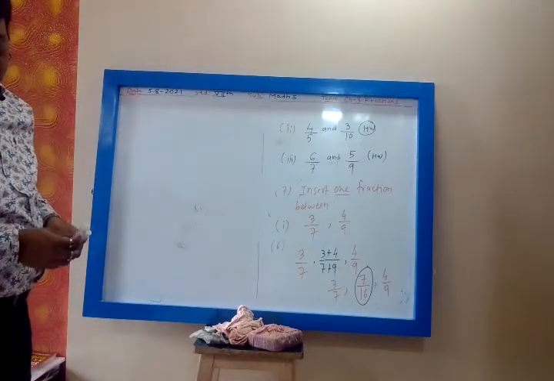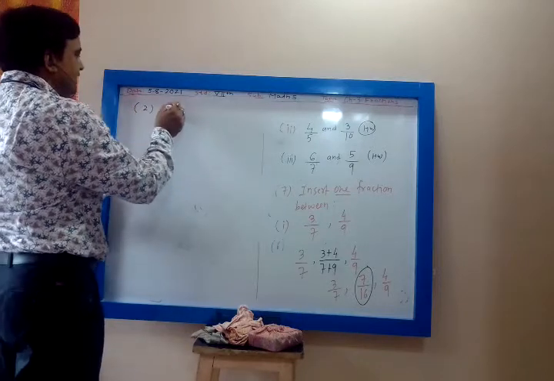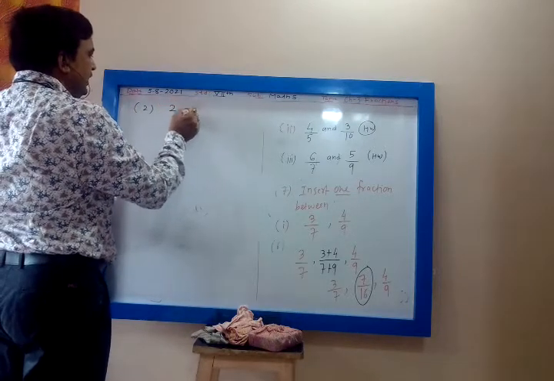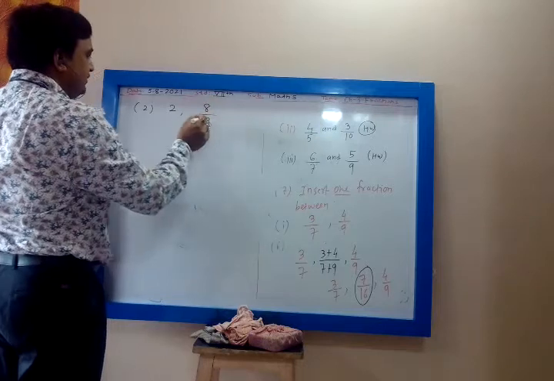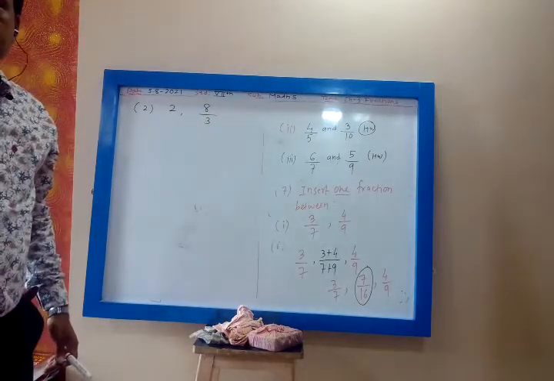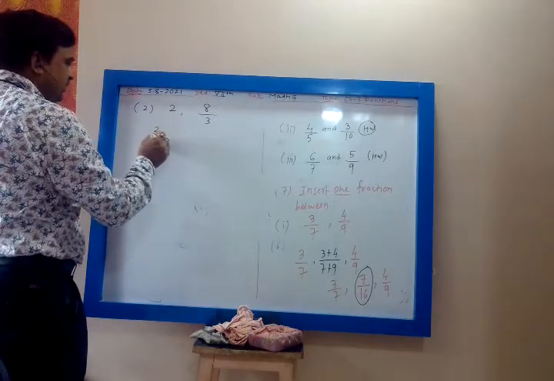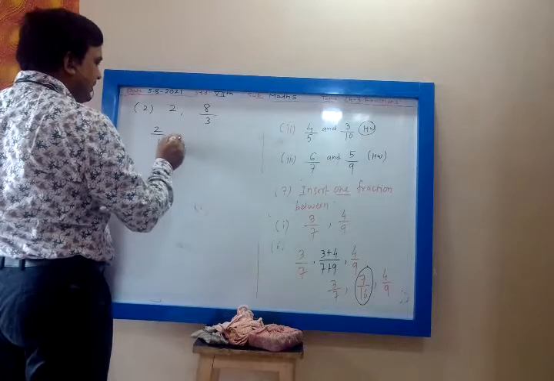Now next is 2 and 8 by 3. Insert one fraction. How can you write 2 in rational number fraction form? 2 upon 1. So this is 2 upon 1 and this is 8 by 3.